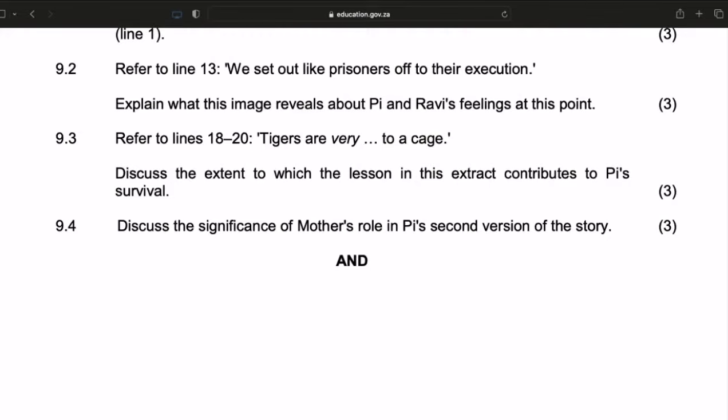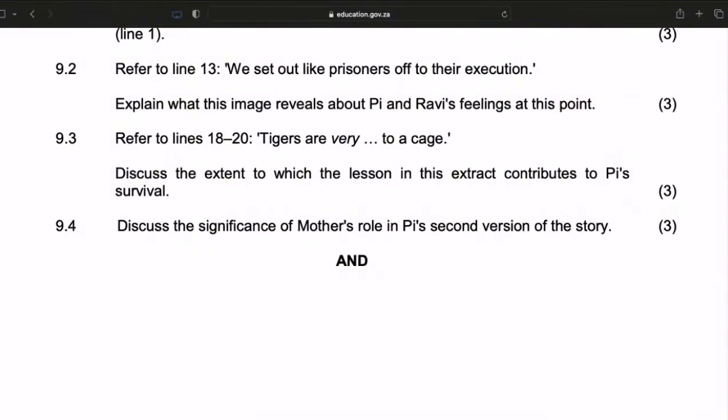Pi and Ravi is feeling because, got it? So Pi and Ravi is feeling, provide an adjective, a feeling, and then you account for that feeling. We set out like prisoners off to the execution.